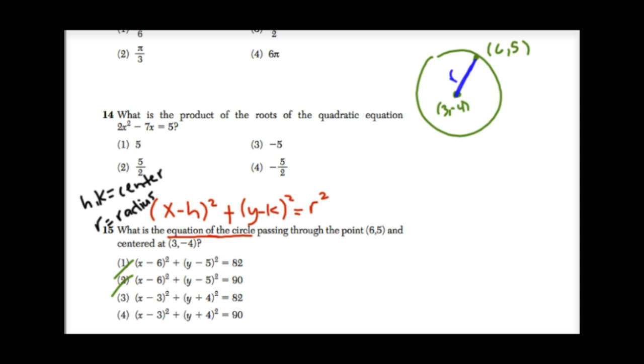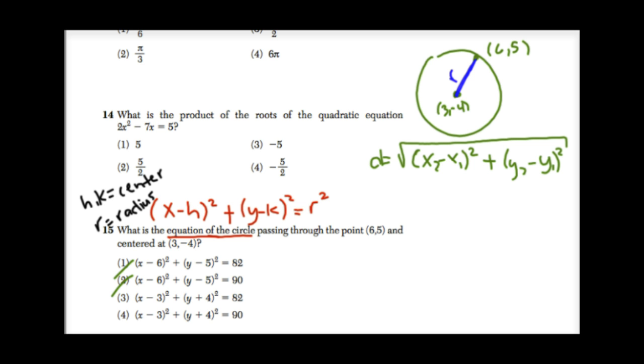So I need to find what is this r, and that's my distance formula. So my distance formula from geometry should be the square root of x2 minus x1 squared plus y2 minus y1 squared.